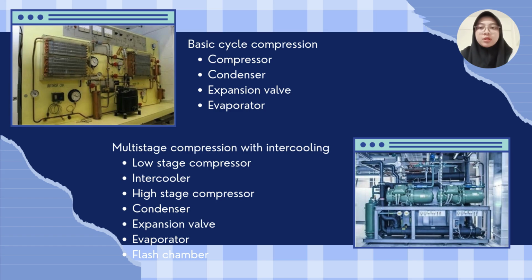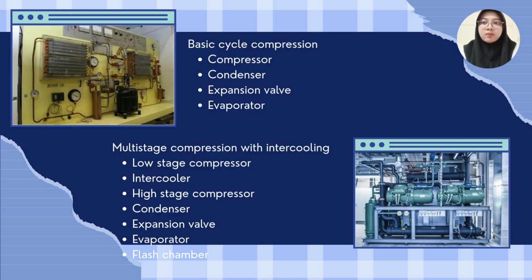Compressor: the vapor is compressed to a high pressure and temperature, increasing its enthalpy. Condenser: the high-pressure vapor releases heat to the surrounding and condenses into a liquid. Expansion valve: the high-pressure liquid refrigerant is throttled to a low-pressure mixture of liquid and vapor before entering the evaporator again.